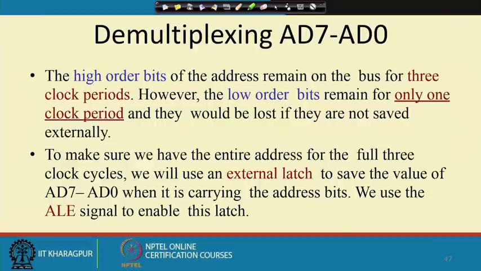This is done by means of the ALE signal. In the first clock cycle, on the lines AD0 to AD7, the address bits A0 to A7 will be put, and this ALE signal is generated by the processor.